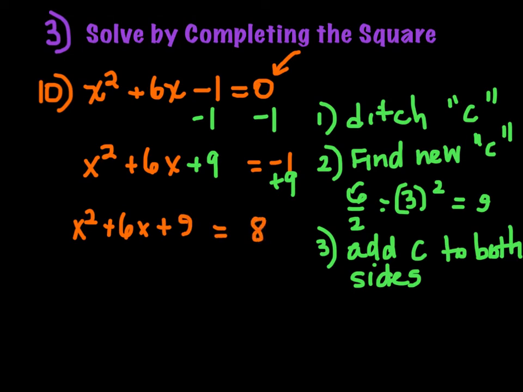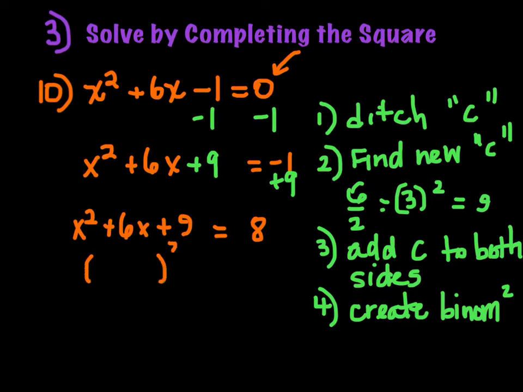My fourth step is to create the binomial squared. So I know this side is a perfect square trinomial that will go into a binomial squared. This number right here will drop right in here.